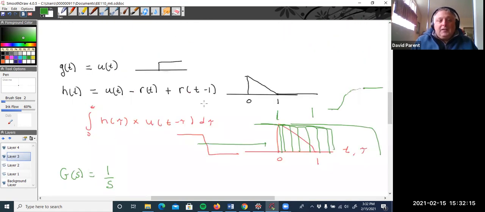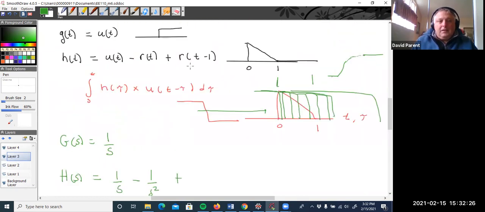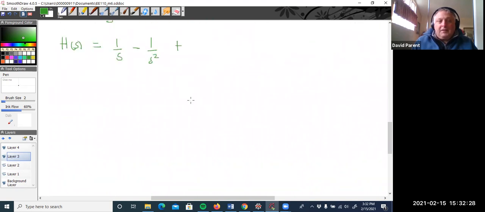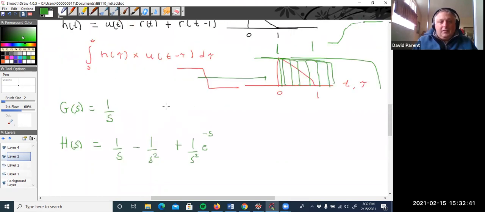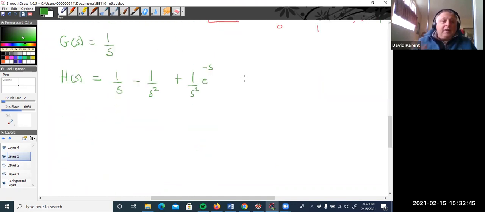I mean, there was no shift, right? And then the Laplace of that ramp there, again, a ramp doesn't matter. I can scale and delay, all linear operations, but here's where I do the delay. Since I was delayed by 1, I have that.